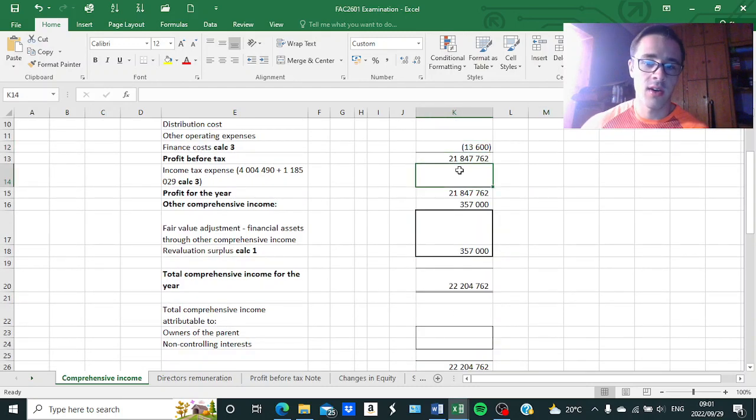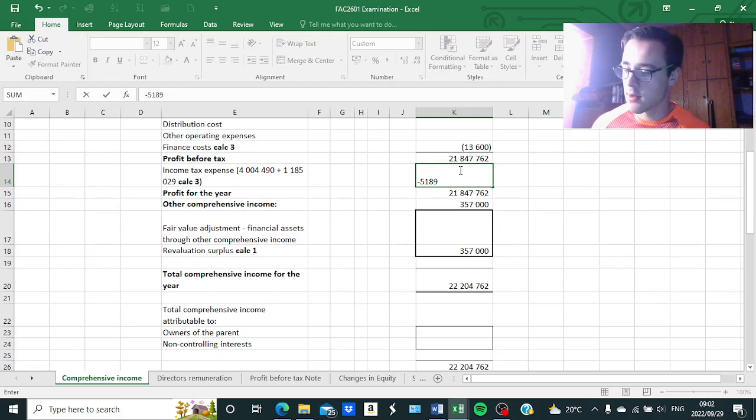Then we calculate our income tax expense, and that should give you 5,189,519.